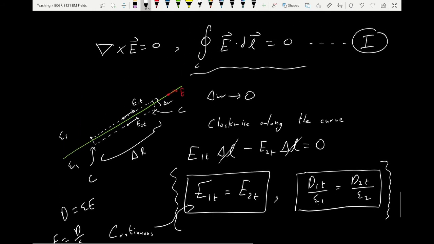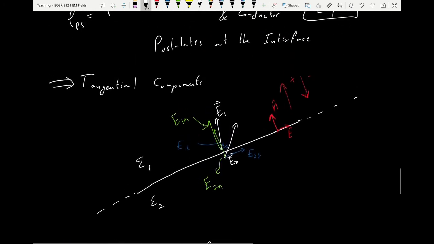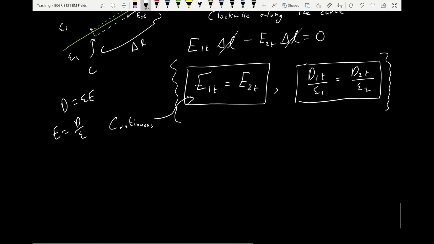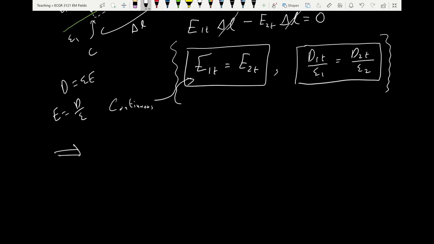Now we can jump to the normal components. How do the normal components of the field behave?